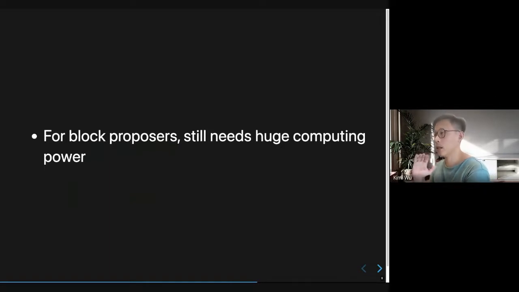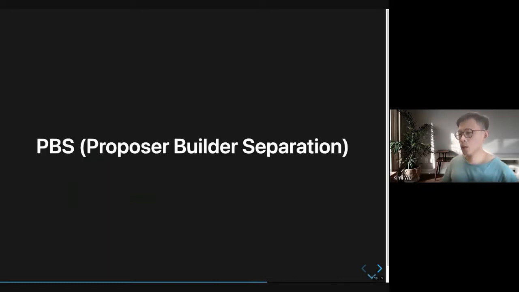And also because the block size is so huge, there will be like 256x the number of transactions compared to now. So they propose the proposer builder separation.